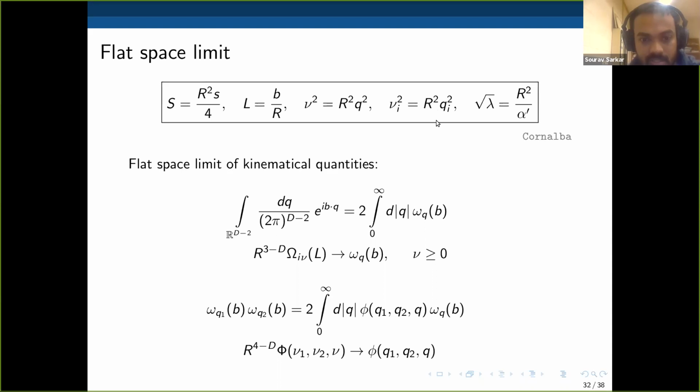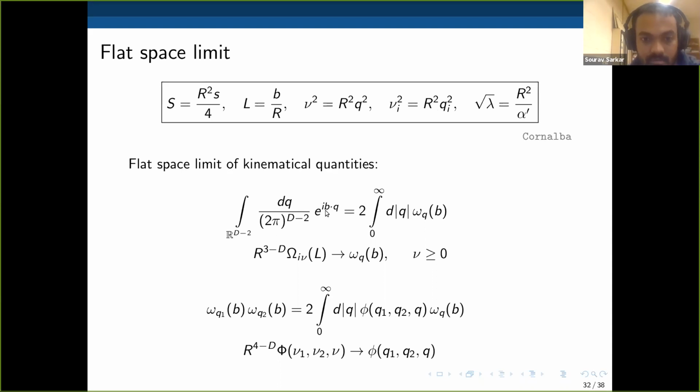If we follow this prescription, then we can already see that certain kinematical quantities go to the corresponding ones in flat space. For example, in flat space, we had these integrals over the transverse space, but the other quantities in the integrand depend on the magnitude of q.